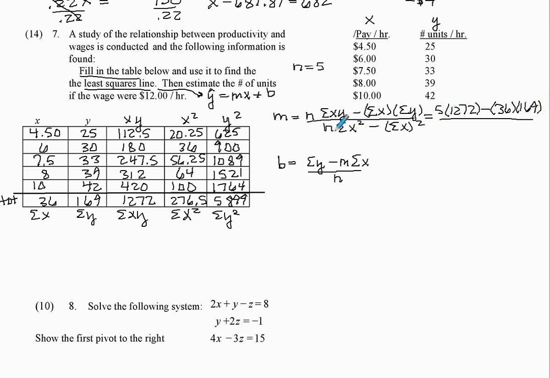And we are dividing by n, 5, times the sum of the x squares, so that is the 276.5, minus the sum of x quantity squared, so that's the 36, and it gets squared.